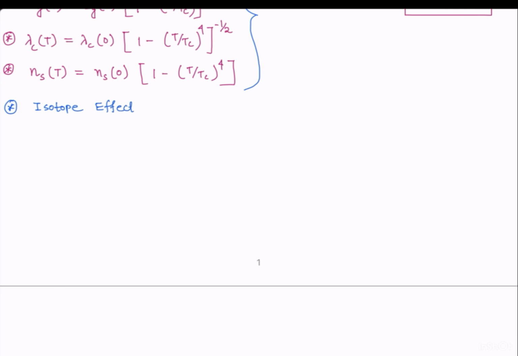Basically here we remember only one formula: the critical temperature Tc is proportional to 1 by root m. Also theta c is proportional to 1 by root m.